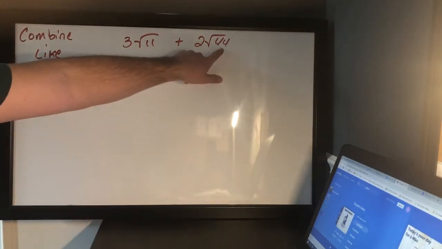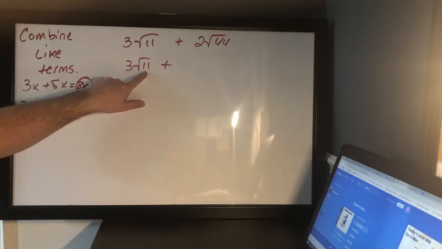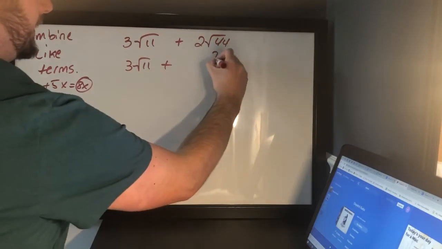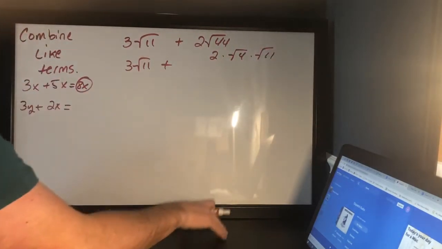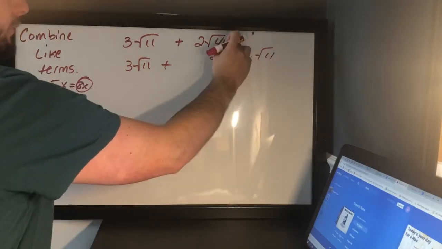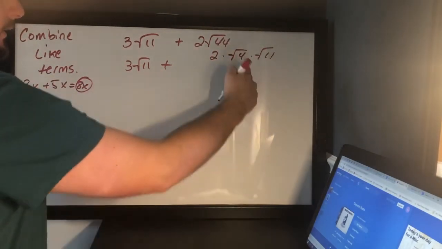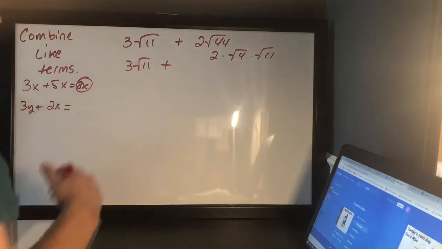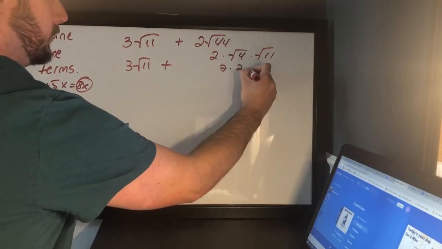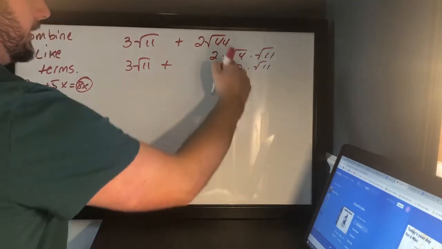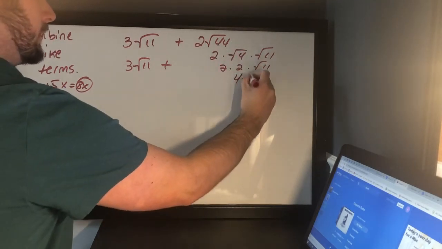All right, here, can we make this match this? So if we take this and we break it into 2 times radical 4 times radical 11, because 4 times 11 is 44, and we can take a 2 out of this because we know the square root of 4. So we would have 2 times 2 times radical 11, and 2 times 2 is 4 radical 11.